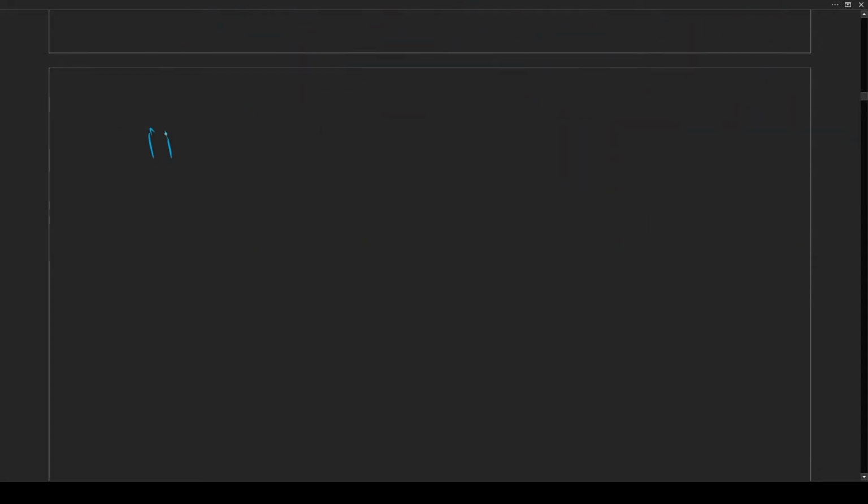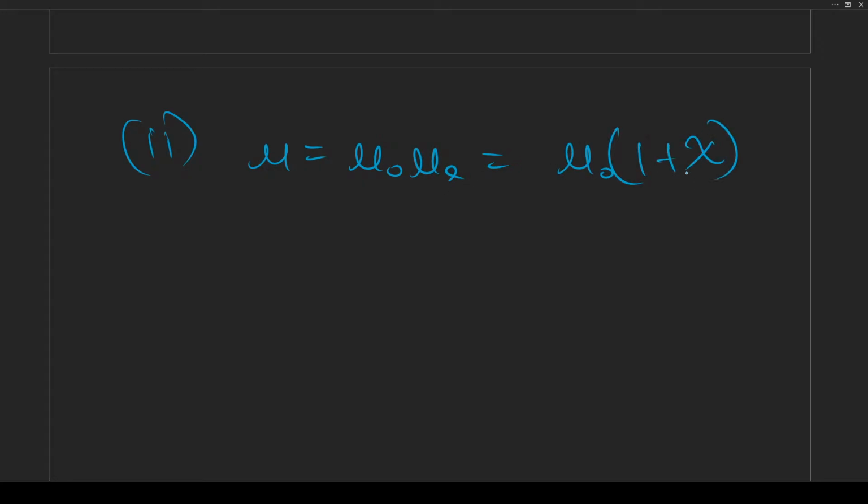And second, susceptibility. mu equals mu naught times mu r, equals mu naught times 1 plus chi.